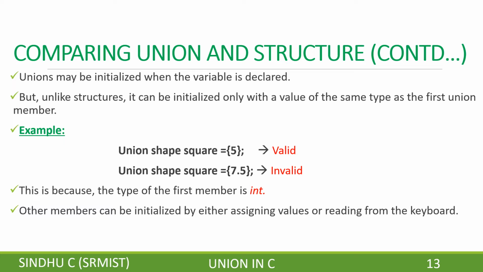It can be initialized only with a value of the same type as the first union member. So union shape square equal to 5 is valid, but union shape square equal to 7.5 is not valid, considering the fact that the type of the first member is int. Other members can be initialized by either assigning values or reading from the keyboard. Those are the other options.